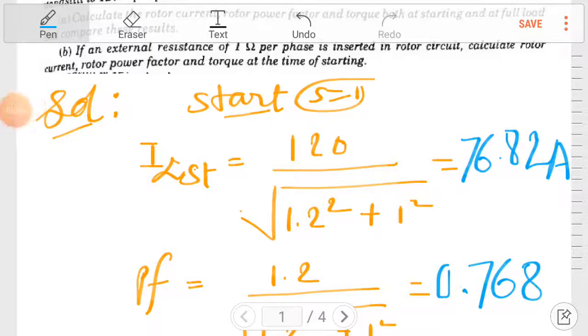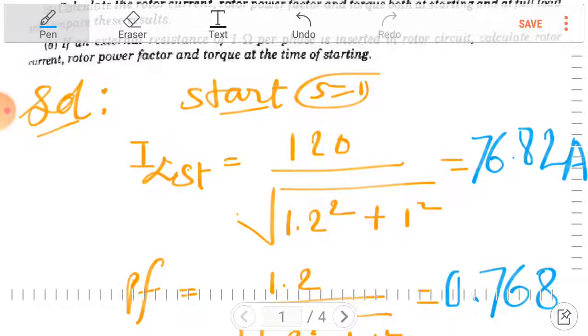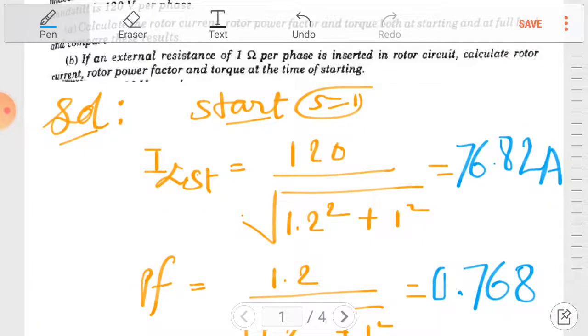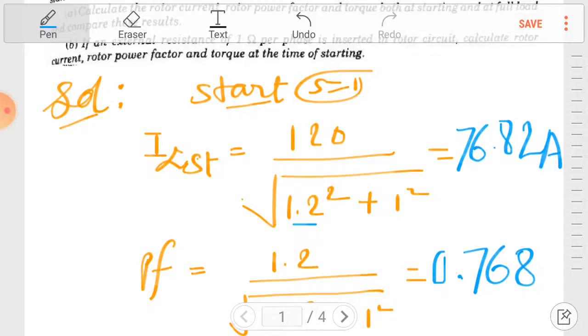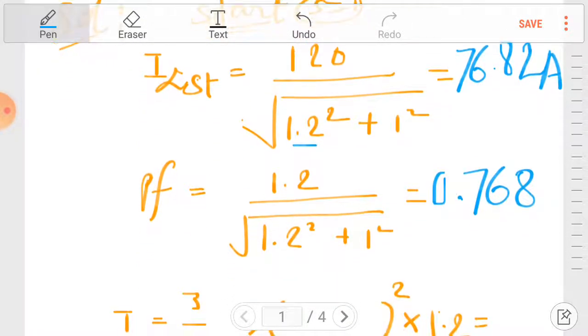So in option B, at a starting slip equal to 1, by increasing the resistance, the starting current will be equal to 76.82, because resistance is increased, so current is reduced. The power factor is equal to 0.768.